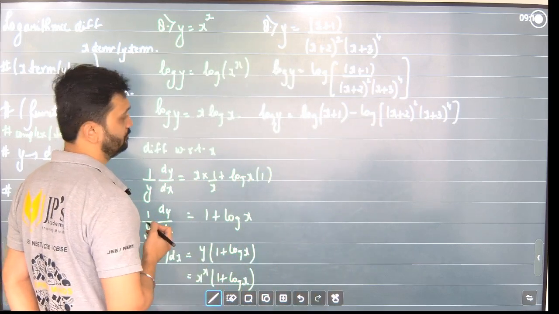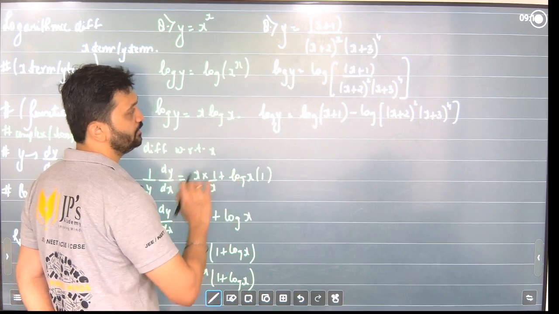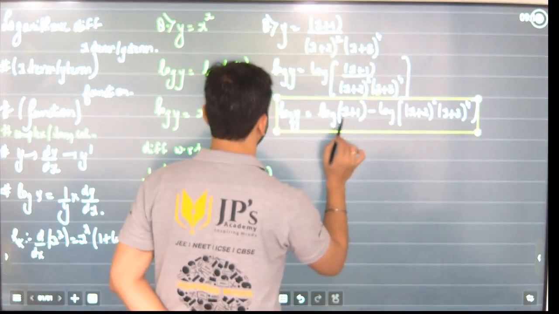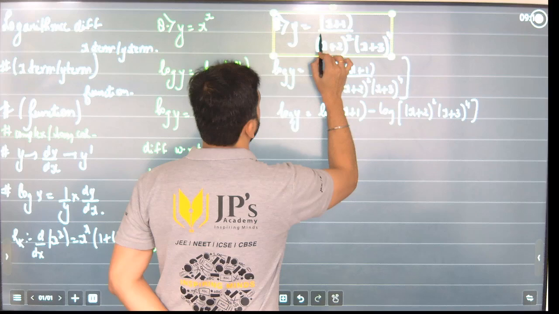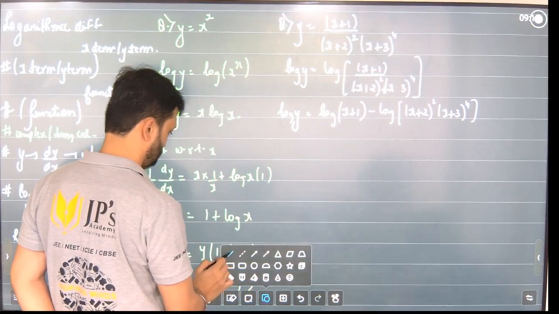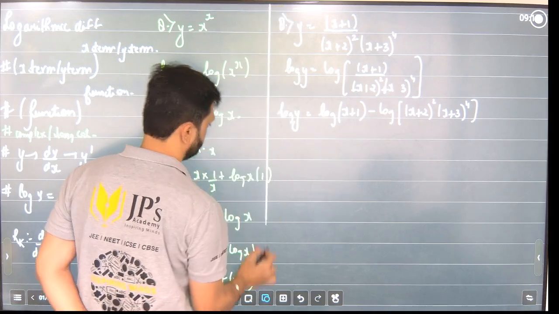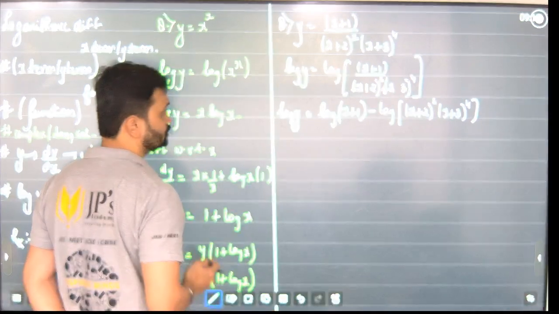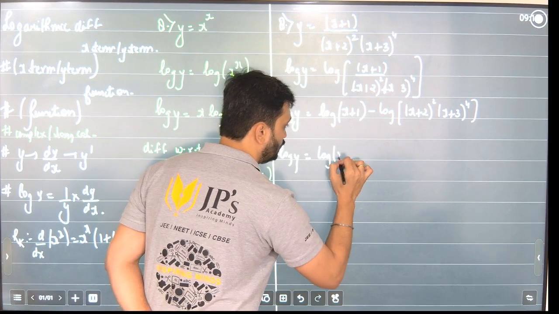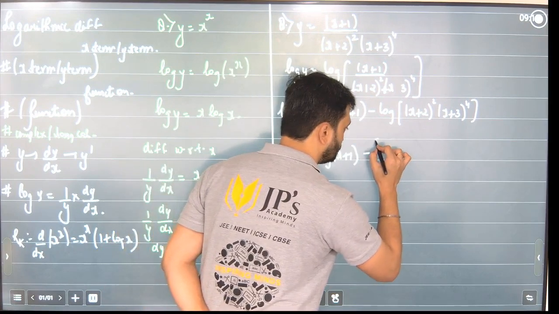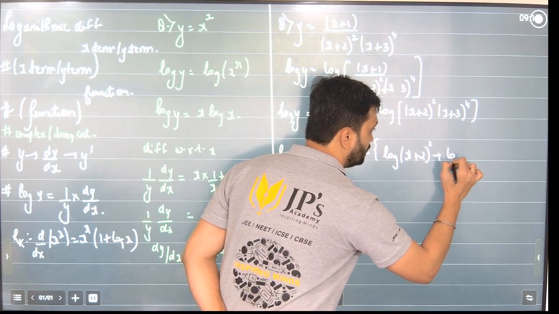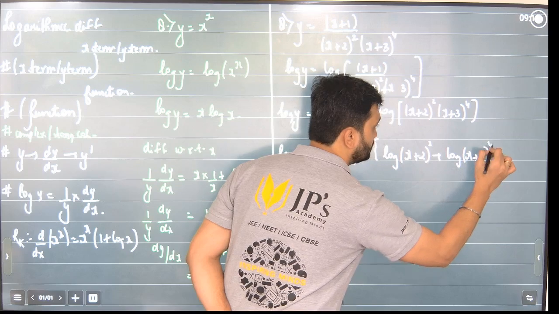Now log a plus log b becomes log ab. So what I do is this will become log y is equal to log of (x plus 1) minus log of (x plus 2) the whole square plus log of (x plus 3) the whole raised to 4.